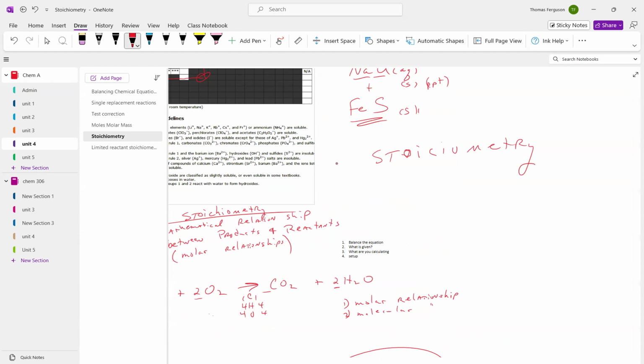Basically, it relates mathematically all the parts to the balanced equation: reactants, products, individual parts, mathematically. Now, usually they say analytically. Whenever we say analytically, we're really talking about the mathematical relationships between those.